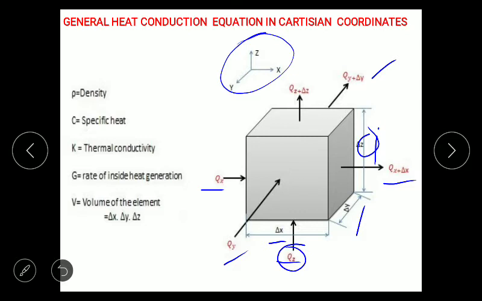As the heat is supplied to the body, there will be some internal heat generation taking place inside the body, and that internal heat generation is indicated with capital G throughout the element, and the volume of the element is indicated with capital V, which is the product of length, width, and height.